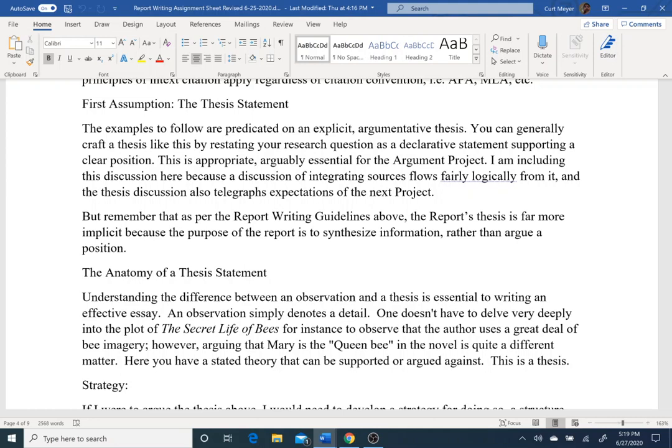By the time you get to 1302, you've probably already covered argumentative thesis to some degree, but this is by way of review and emphasis. So, but understand, this assignment, the report writing assignment, is not asking for an argumentative thesis, okay? As I explained here.